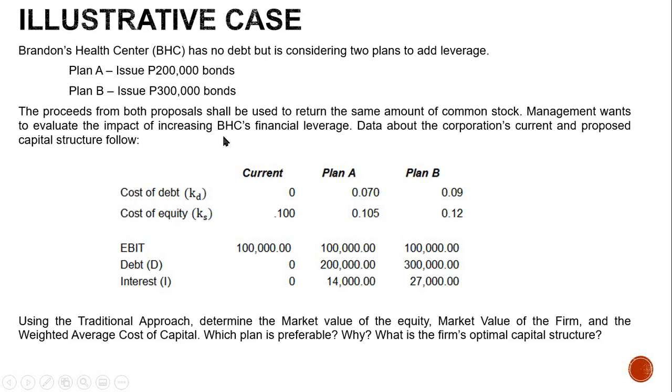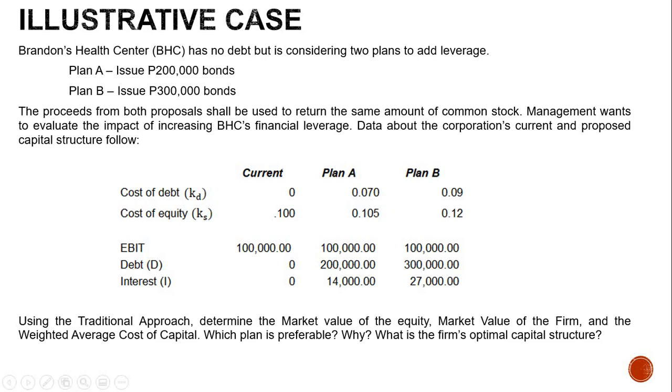Now, for Plan A, to borrow funds by issuing bonds worth 200,000, we can see that the cost of debt will now be at 0.07 or 7%. Okay, and the cost of equity will be at 0.105 or 10.5%.